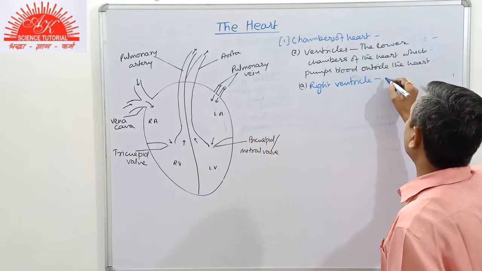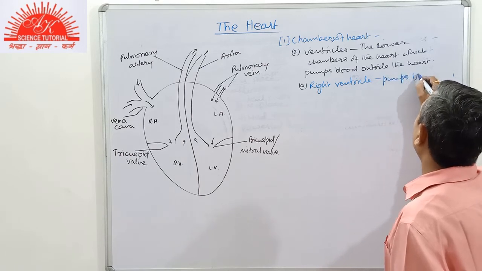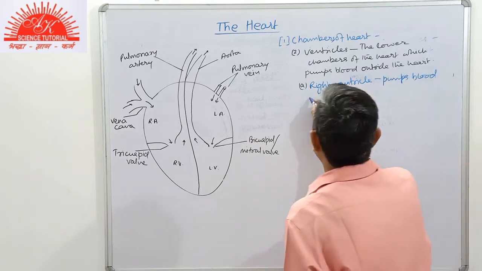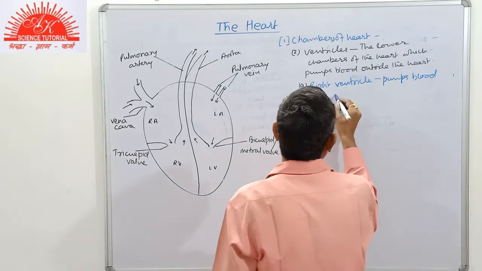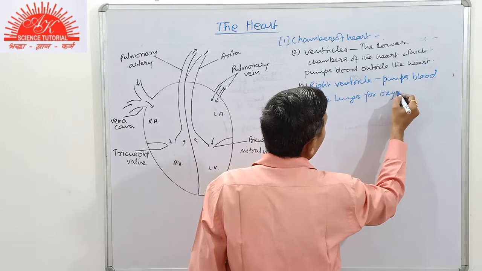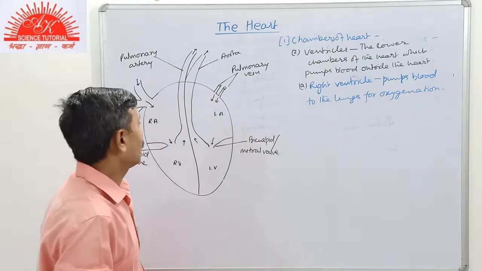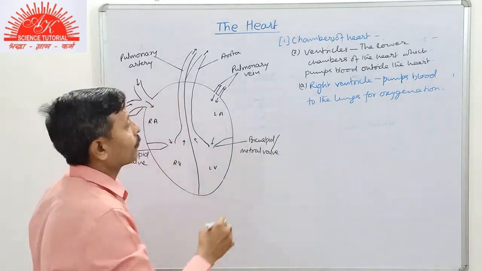So the right ventricle pumps blood to the lungs for oxygenation. So the blood is sent to the lungs.